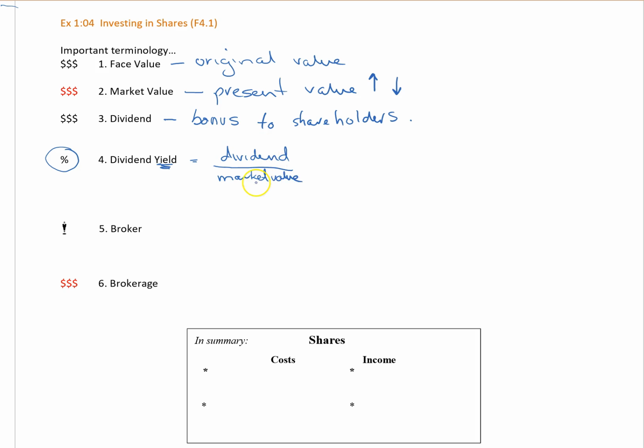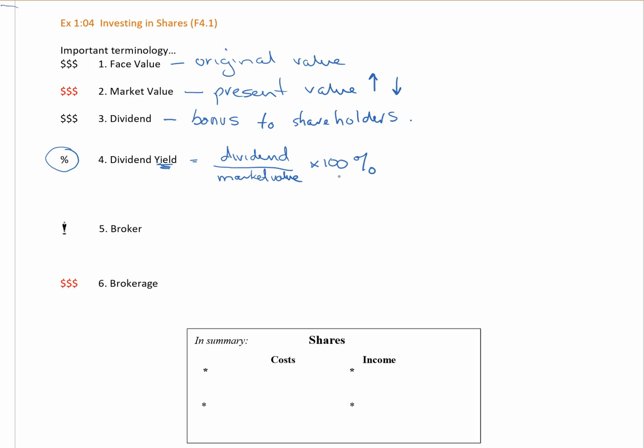So you can see we've formed a fraction, and then multiply that fraction by 100, which will give you a percentage. It's sort of saying, what percentage of the value of the share am I prepared to give you as a bonus? It's a percentage of the value of the share that is given out as the bonus. The bonus is called the dividend.